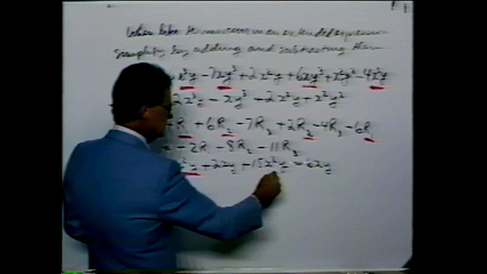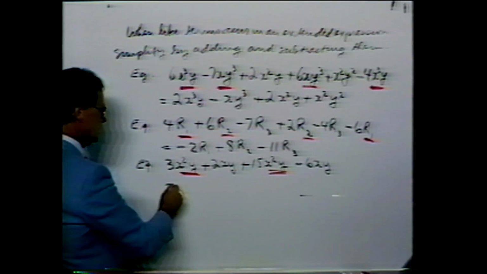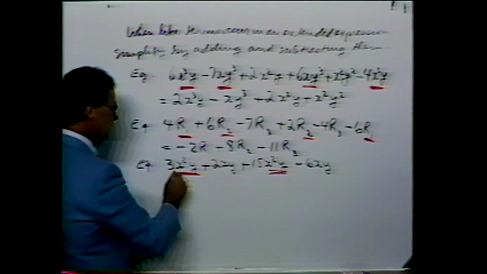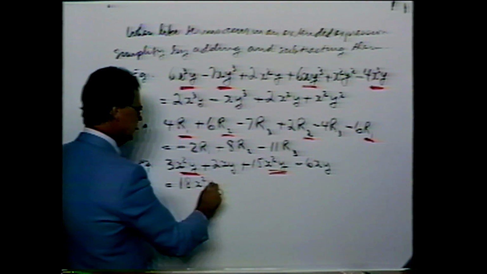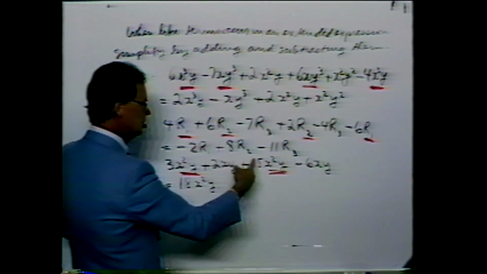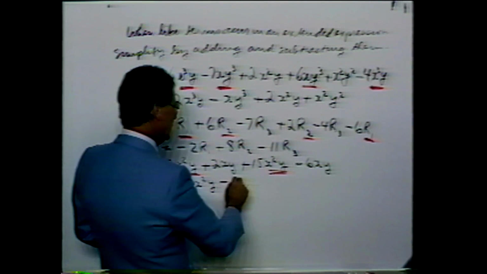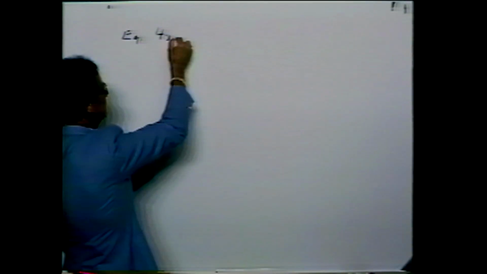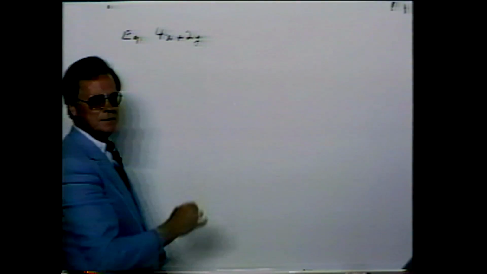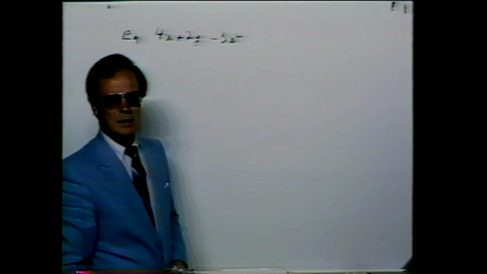These two terms have identical literal coefficients, and so consequently are like terms, and we can add 3 of those and 15 of those to give 18x squared y. Finally, 2xy minus 6xy makes it minus 4xy.